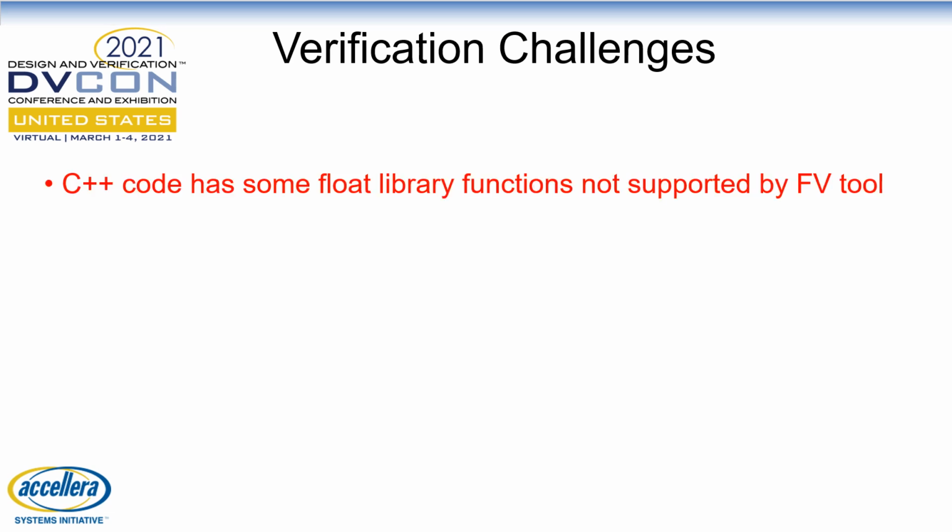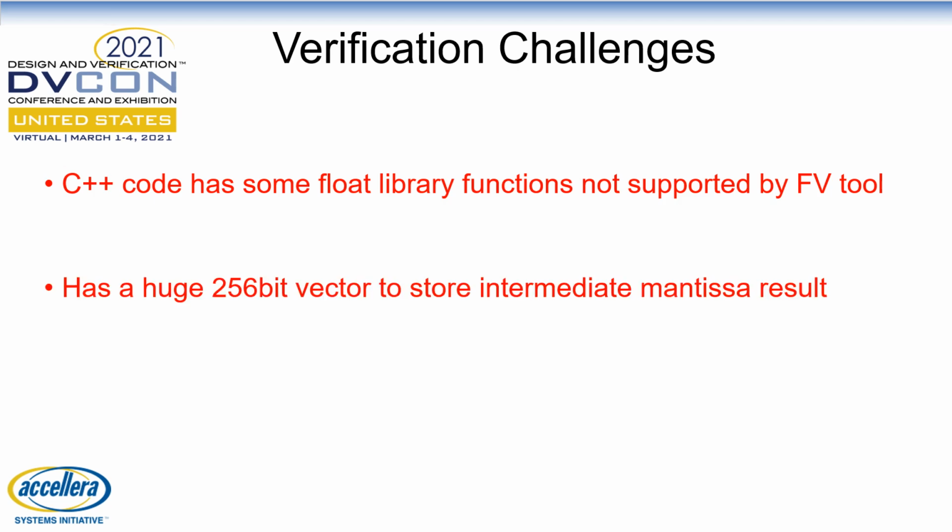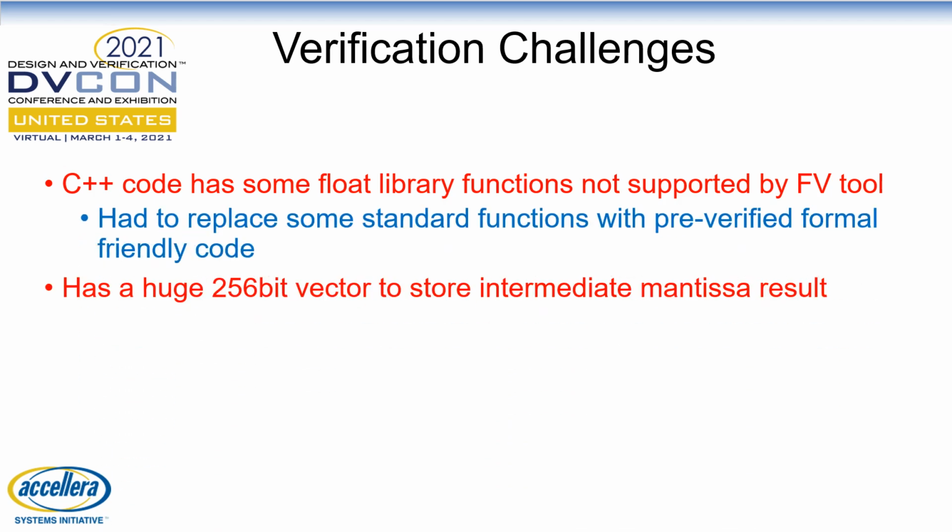The first challenge we faced was that the C++ code was built on Intel's legacy floating point customizable libraries, which were non-formal friendly. They had constructs which were not supported by the formal tool. So we replaced some standard functions with pre-verified formal friendly code and open source libraries to tackle that problem.